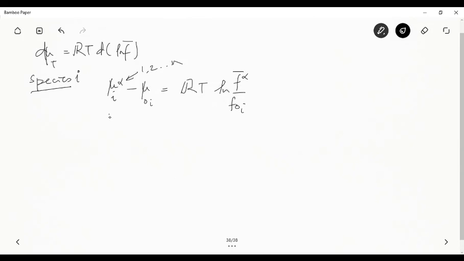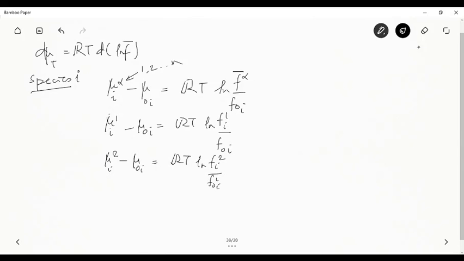So if I say mu I1 minus mu naught I is equal to RT log of F I1 divided by F naught I, and I can write the same thing for mu I phase 2 minus the same mu naught I is equal to RT log of F I in phase 2 divided by F naught I, and so on.